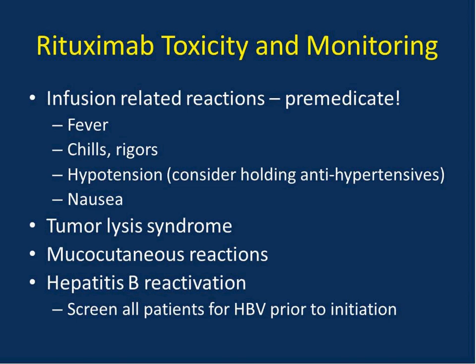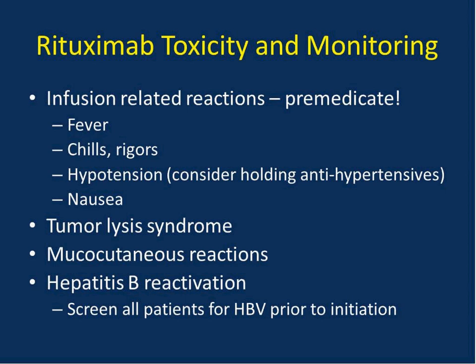There also is wording within the package insert, because of the risk of hypotension during the infusion-related reactions, to consider holding antihypertensives prior to the first infusion. I will say most providers in the HOA clinic don't usually do that. Then tumor lysis syndrome, we would manage just like we would any other patient with tumor lysis syndrome. Sometimes the HOA providers will hold rituximab with the first cycle of treatment in patients that have a large burden of disease because they're concerned about tumor lysis.